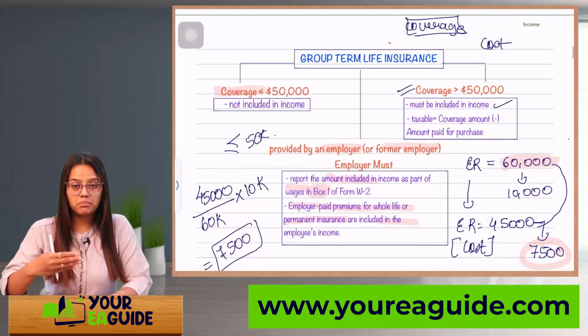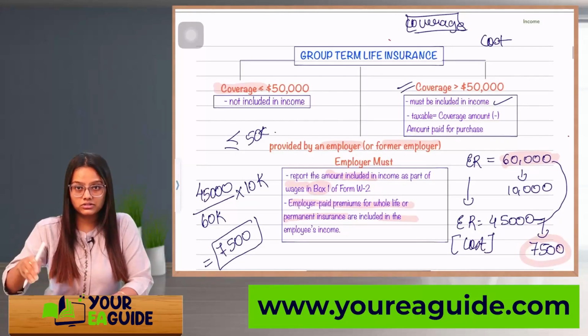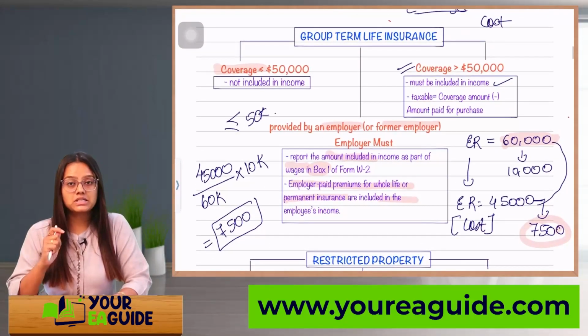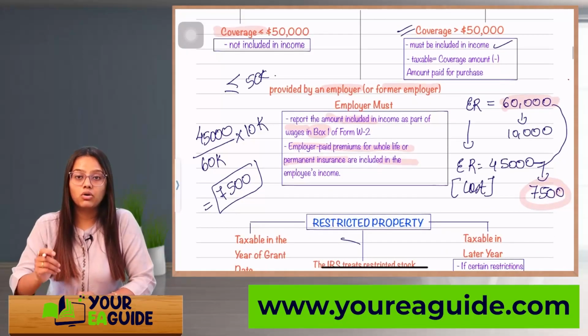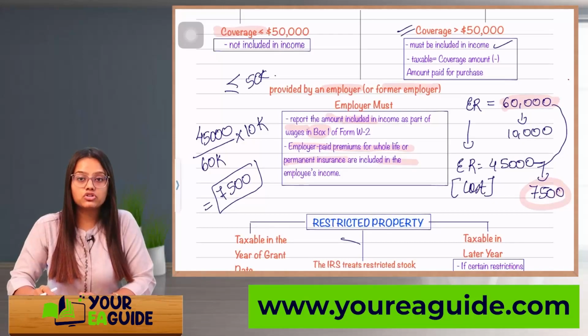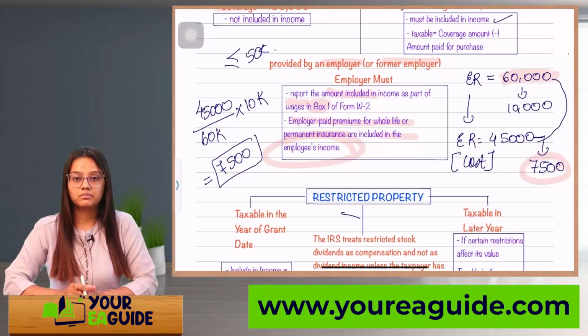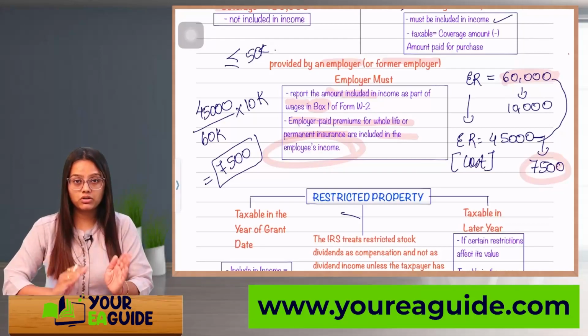So even if the employee leaves the organization, they will not carry on this group term life insurance policy. But if a policy promises whole life or permanent insurance, then straight away include it in the employee's income. The cost you need to include, not the coverage. So don't get confused between the coverage and the cost.